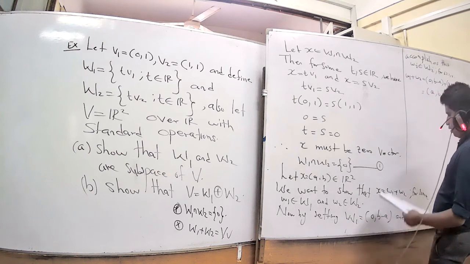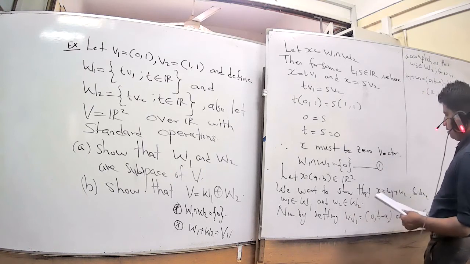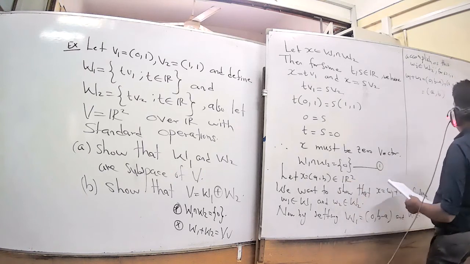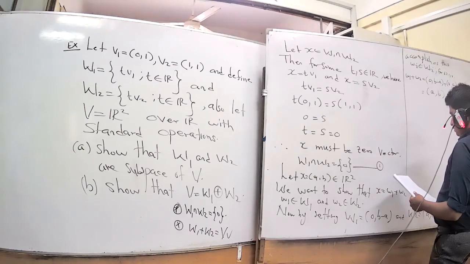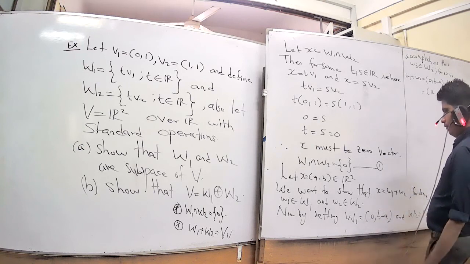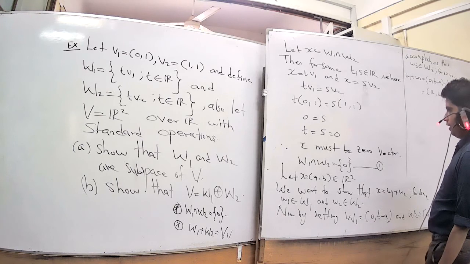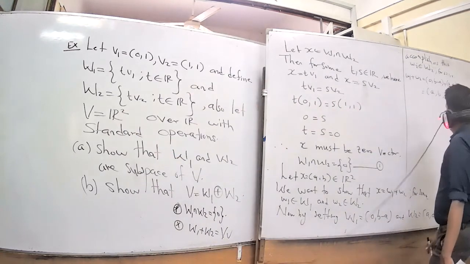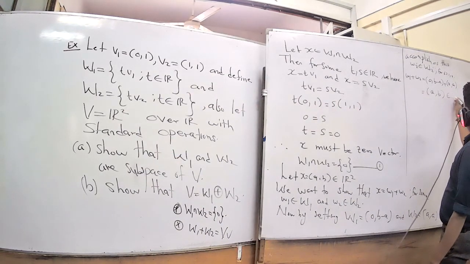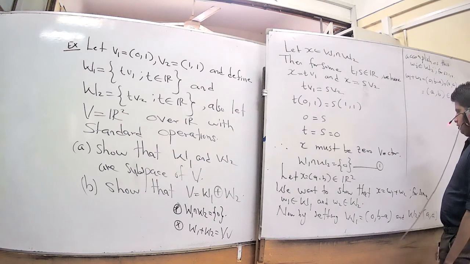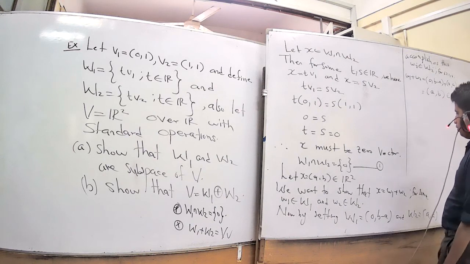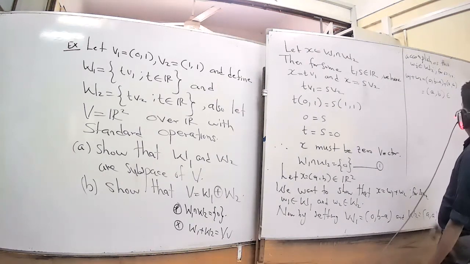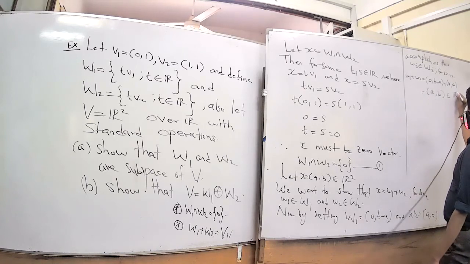But (a, b) belongs to R squared. Here V means R squared, no? So this one equals this one, that means W1 plus W2 belongs to R squared.